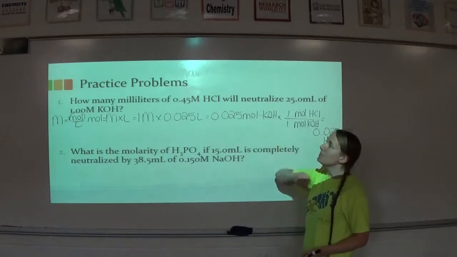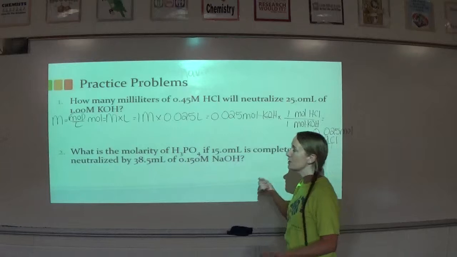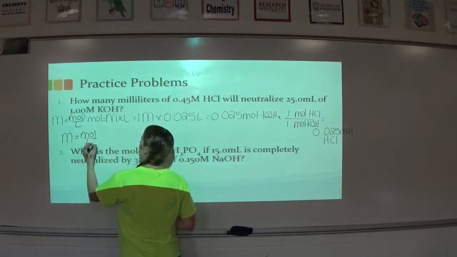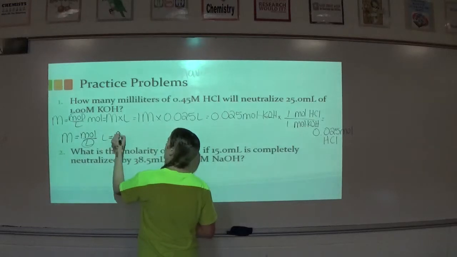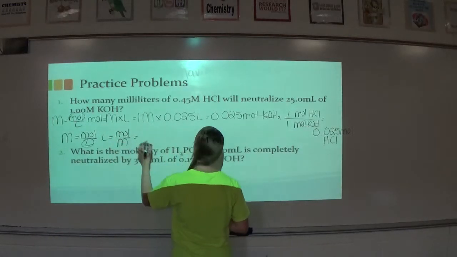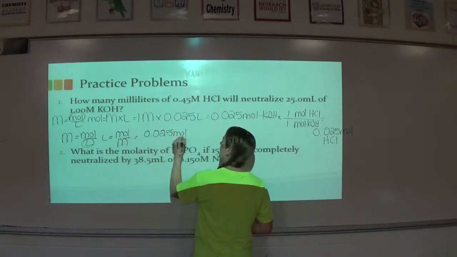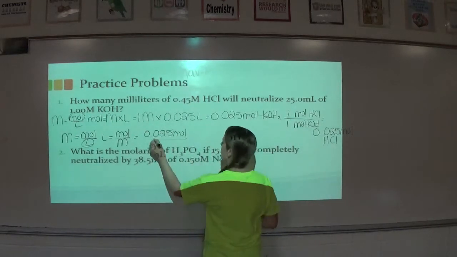It says how many milliliters of 0.45 molar HCl. So in other words, I need to solve for liters. If I solve for liters, it's moles over molarity. So my moles is 0.025 moles, and my molarity for HCl is 0.45.